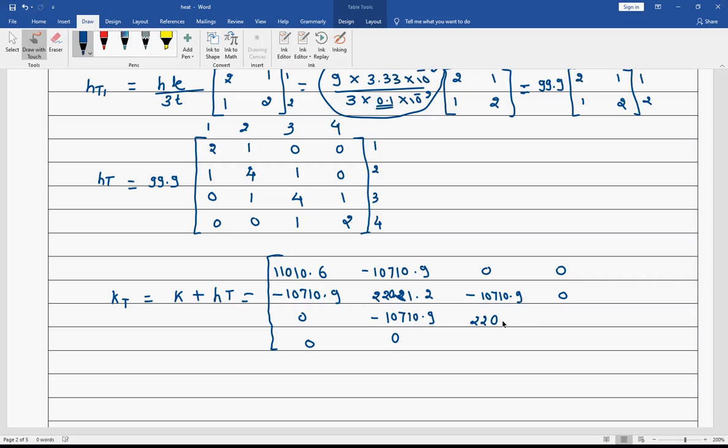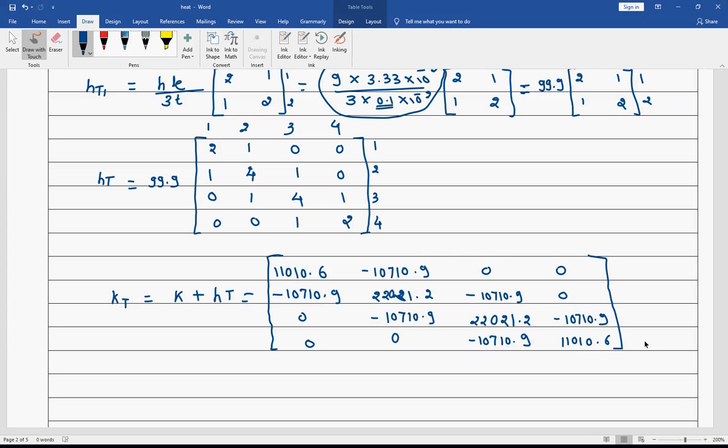So 22021.2 minus 10710.9 minus 10710.9, finally 11010.6.